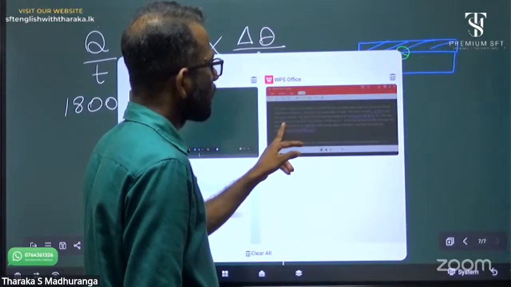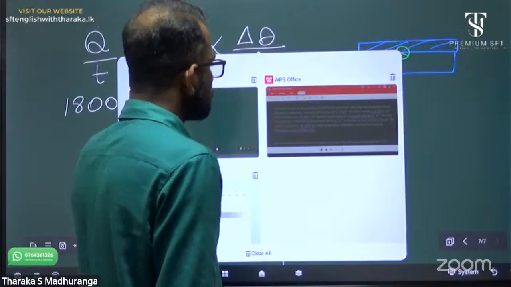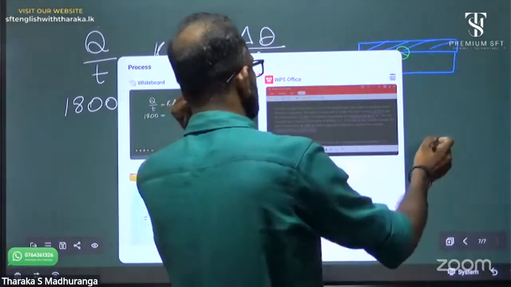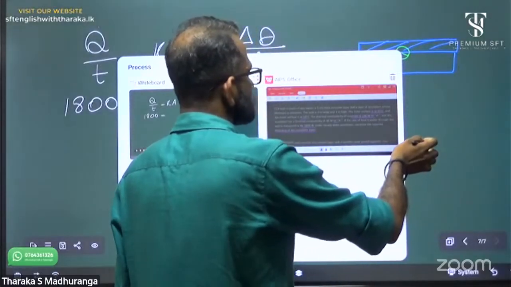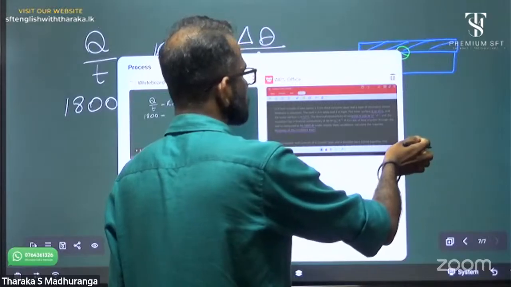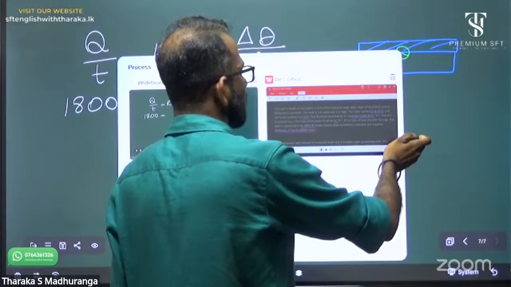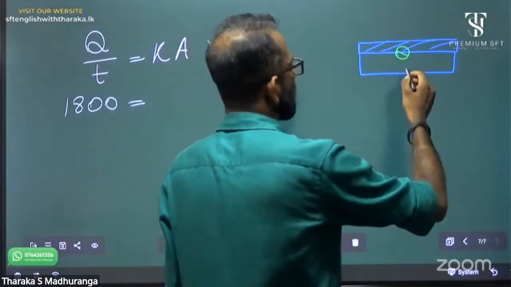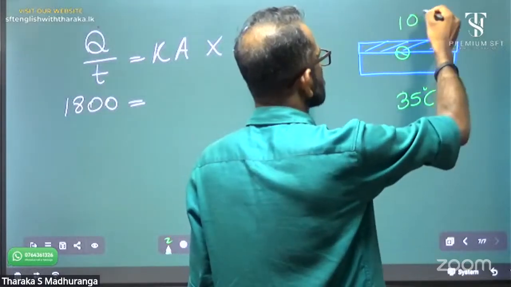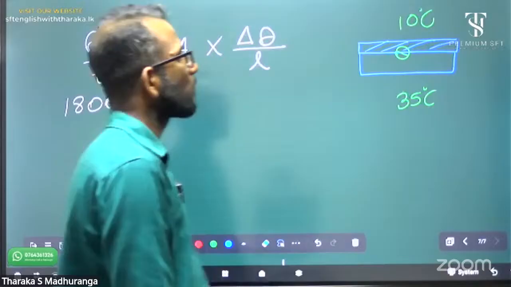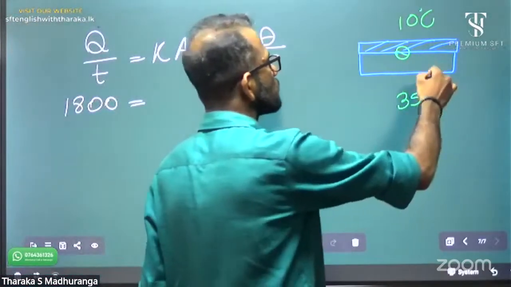The area is given, and the inner surface is 35 Celsius and the outer surface is 10 Celsius. Right. Now heat is flowing in this direction.